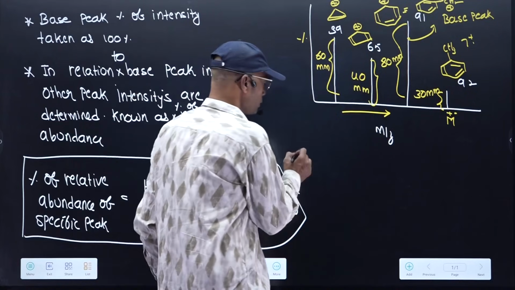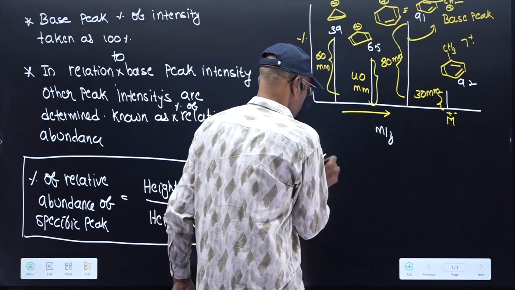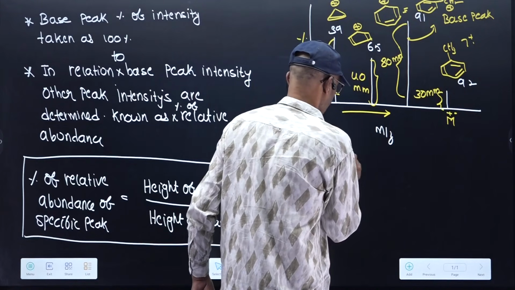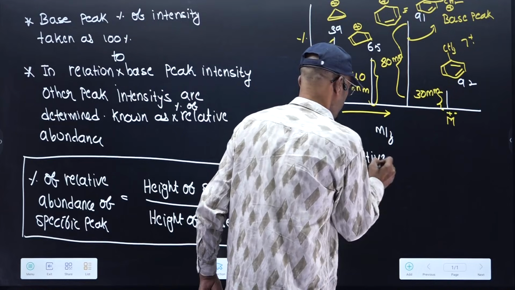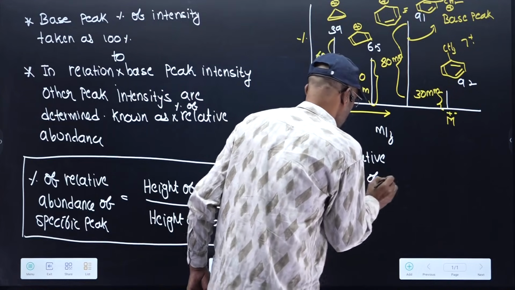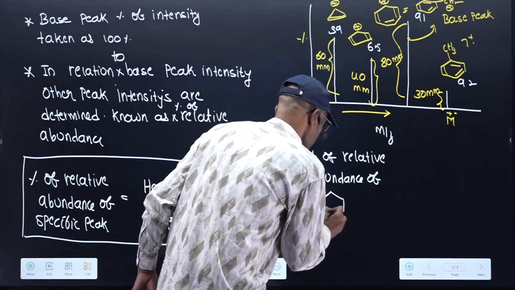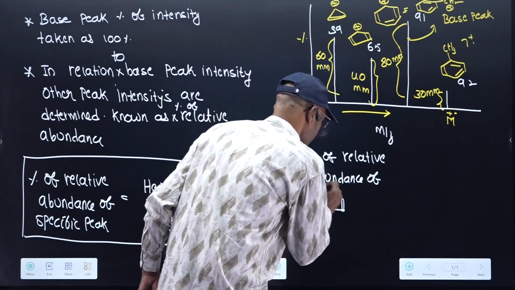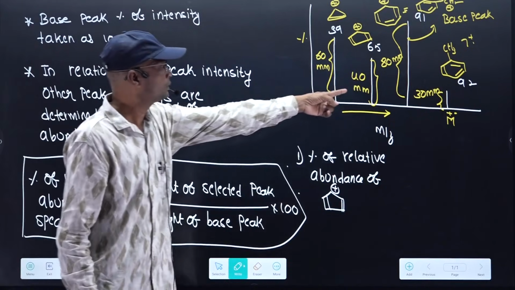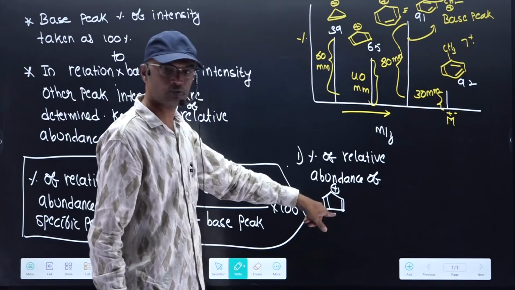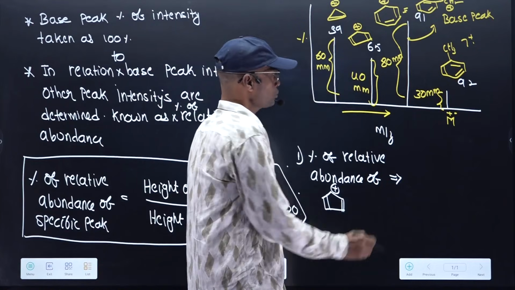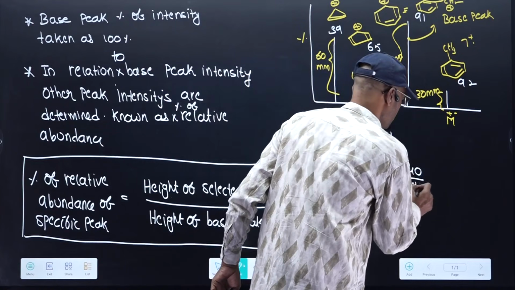Okay, now I am going to take one more: percentage of relative abundance of the cyclopentadienyl cation. This one I am saying. How to calculate? It is 40, or not? 40 by 80 into 100.